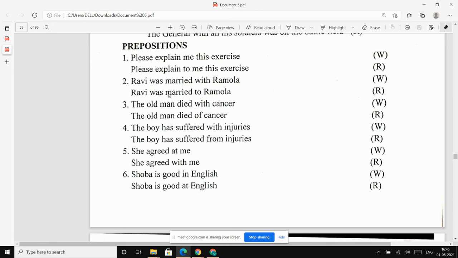So with the word married, we have to use the preposition to, not with. The old man died with cancer. The old man died of cancer. The boy has suffered with injuries. The boy has suffered from injuries. Okay? She agreed at me. No, she agreed with me is the right answer. Shobha is good in English. Shobha is good at English is the right answer. Okay?